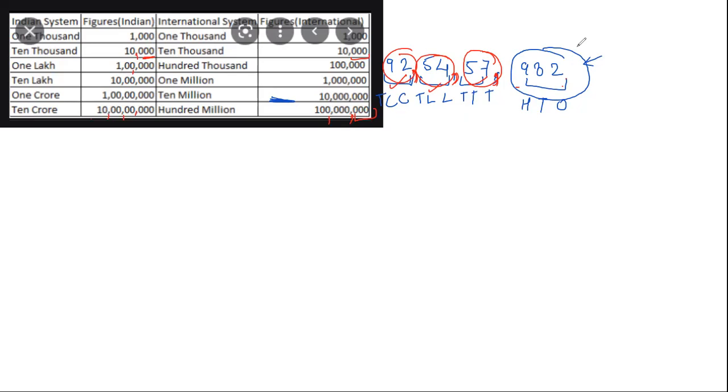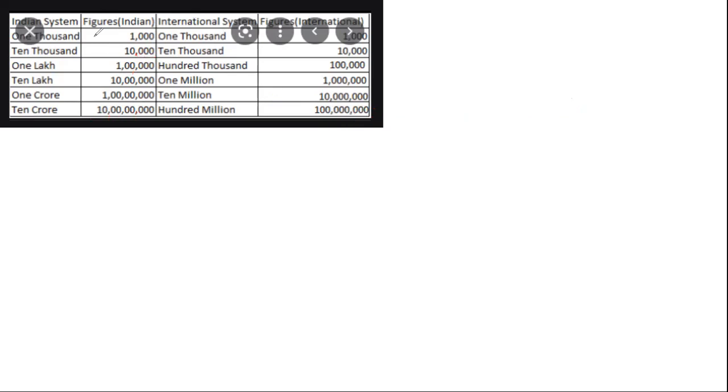Why does it happen? Because in our Indian number system, we count in this way: 1,000, 10,000, 1 lakh, 10 lakh, 1 crore, 10 crore. But in the international number system, they count in this way. They'll say 1,000, 10,000. Okay. Then 100,000, they'll not say 1 lakh. They'll say 100,000, then it comes to 1 million.